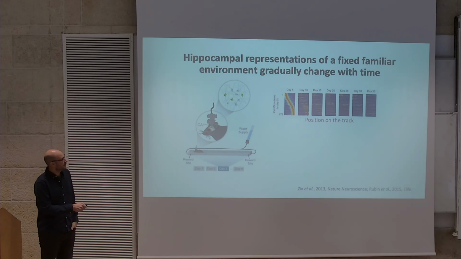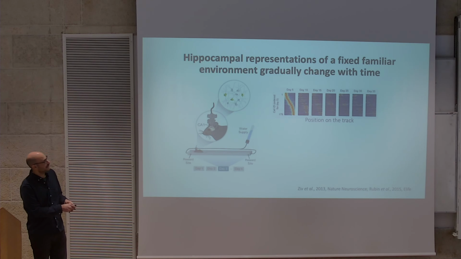The basic finding is as follows. Here you can see the map that was formed by all the places that were place coding on day 5, the first day of the experiment, and you can see what the same cells were doing later on, after we aligned the data. Already 5 days after, many of the places that were coding on day 5 are not place coding on day 10.